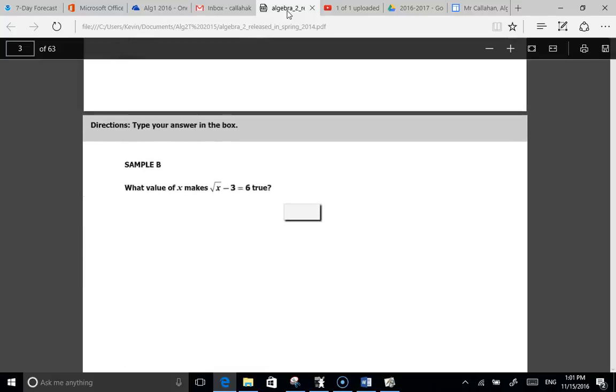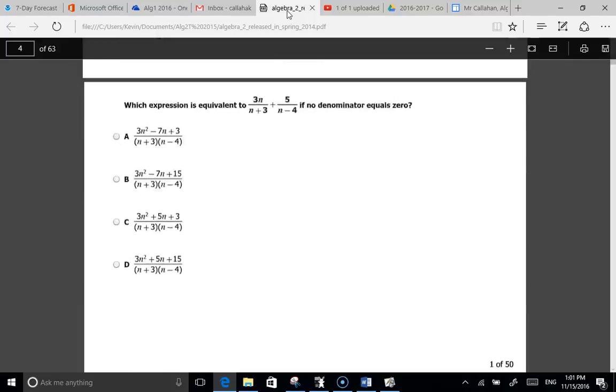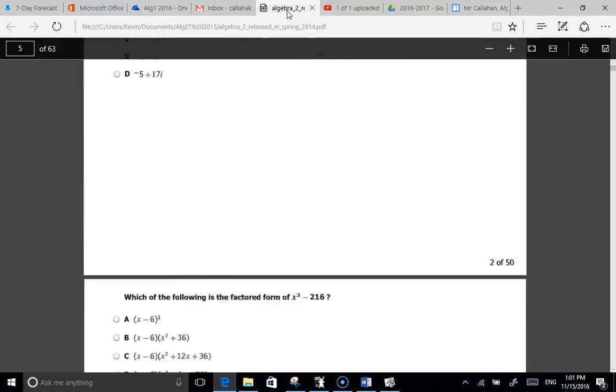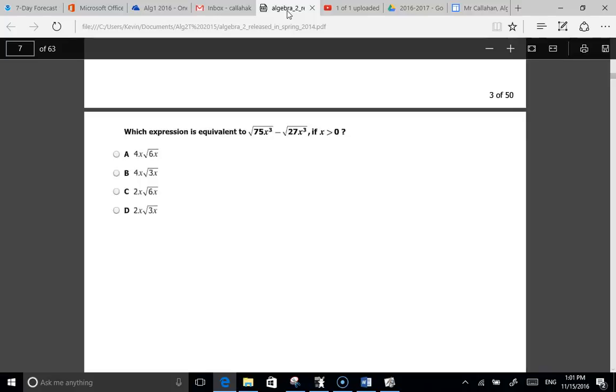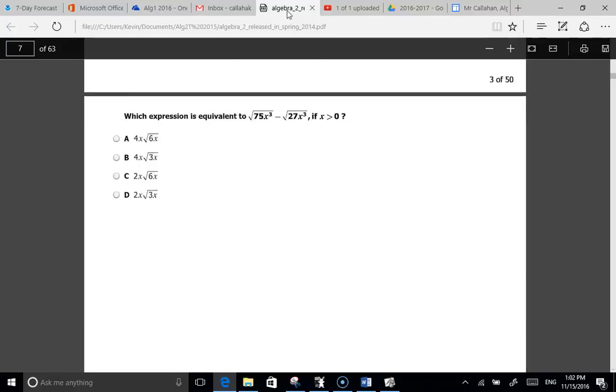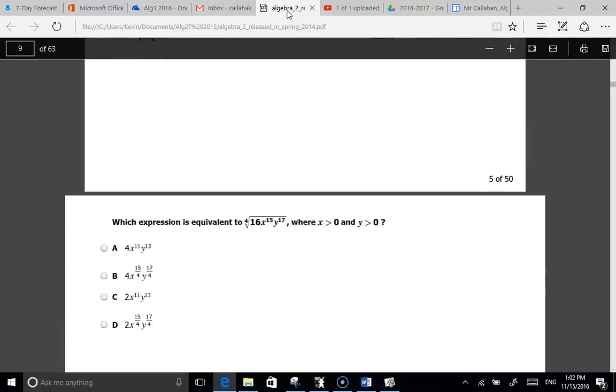Add 3, square both sides. Okay, not that one. How about that one? Subtracting radicals that don't look like radicals, but if you simplify, they will be. Okay, there's one. This is more about converting from radical to rational exponent form, right?